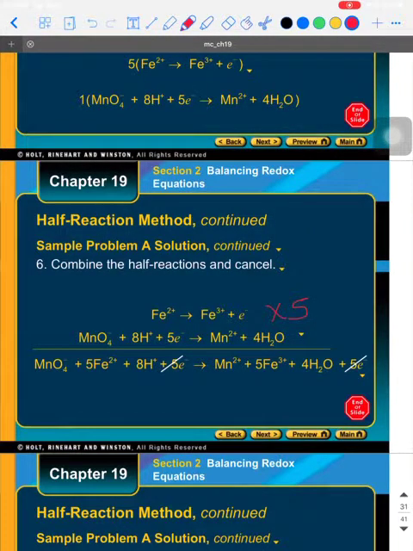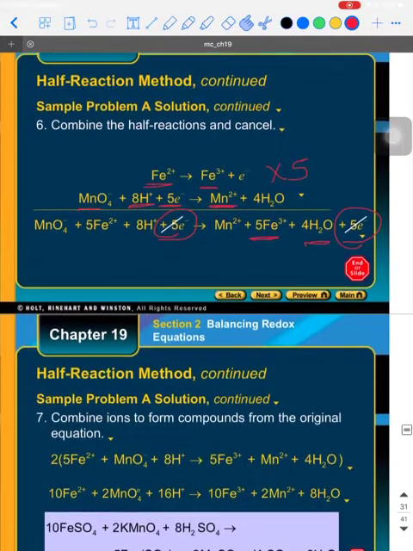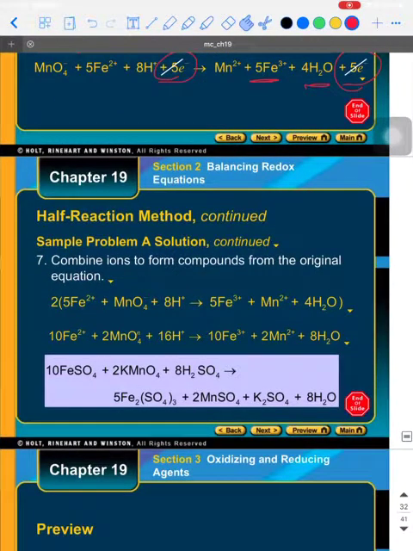Then the MnO4 plus 8 hydrogen plus 5 electrons gives manganese plus 4 water. I can sum this plus this times 5 plus this, giving Mn positive 2 plus iron times 5, of course, plus 4 water plus electrons, which eliminate together to give the final equation.